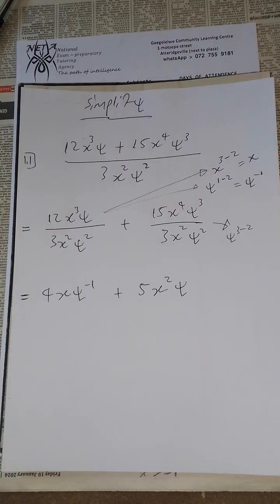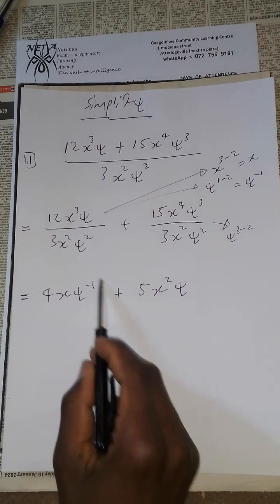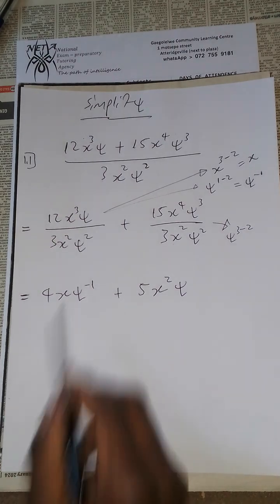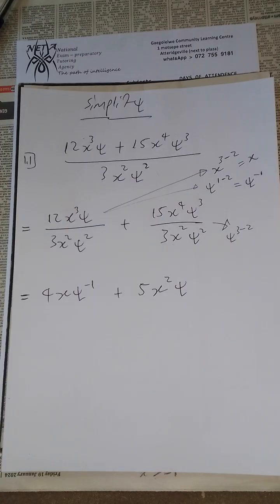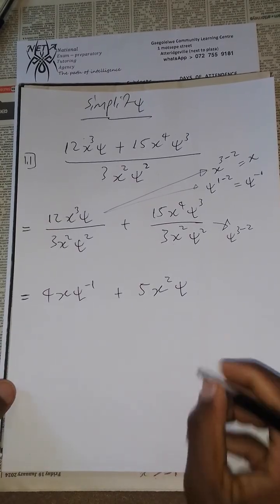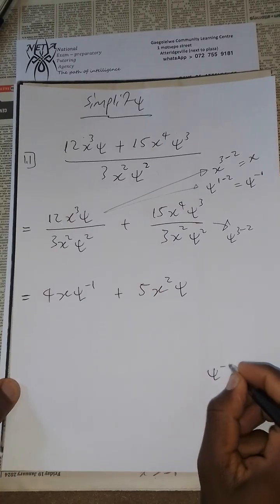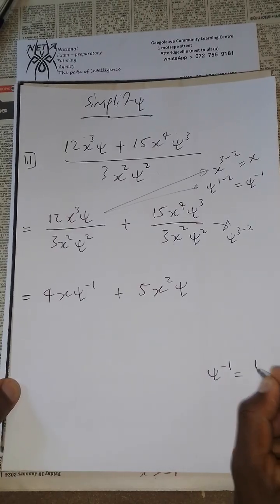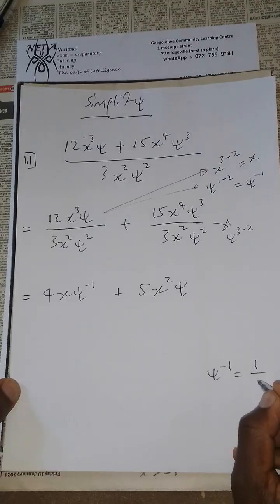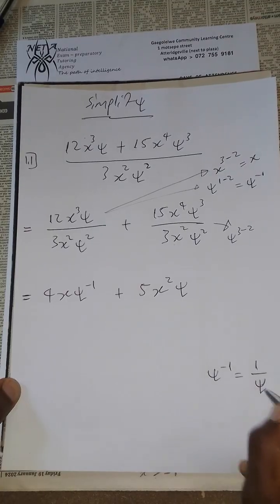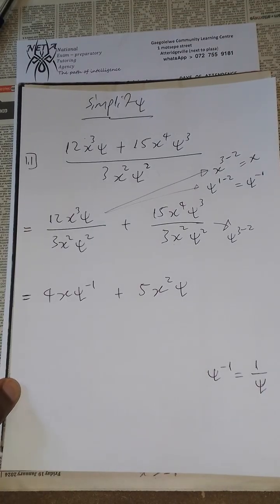Now, another thing you can see from your answer is that you have a negative exponent. And in many cases, you will be told that a negative exponent must be converted to a positive exponent. Now, how do you do that? That is a simple task. You convert it into a positive exponent by converting it into 1 over that number.